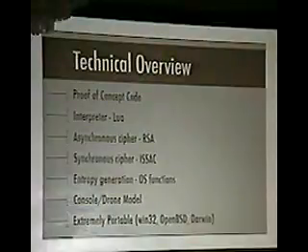Well, here we have a technical overview. We have written proof of concept code to prove that this idea works. The interpreter is Lua. Many of you may know Lua as an extension language for games like World of Warcraft.